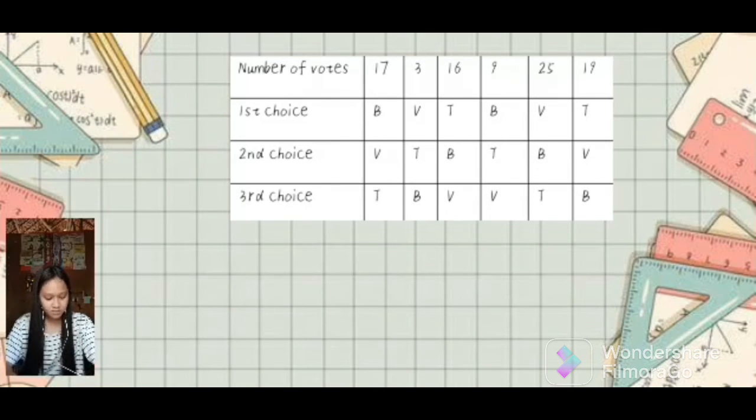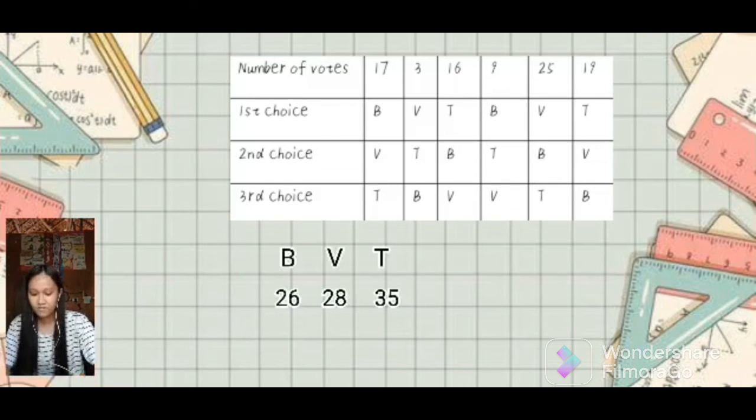Paghahanapin naman po natin ng plurality, it's either na sumakto siya sa 45 or malapit po siya. So, hanapin na po natin yung vote ng basketball, volleyball, at tennis. Si basketball, meron po siyang 17 na vote, at sa kabila naman, meron siyang 9 na vote.